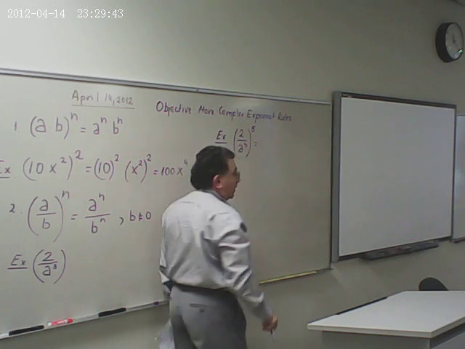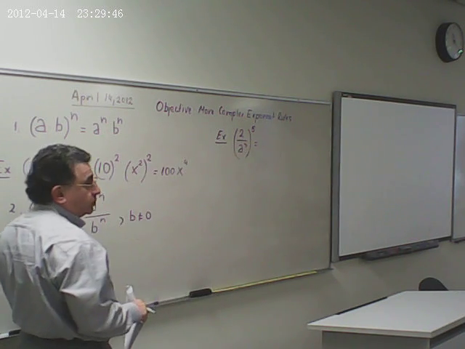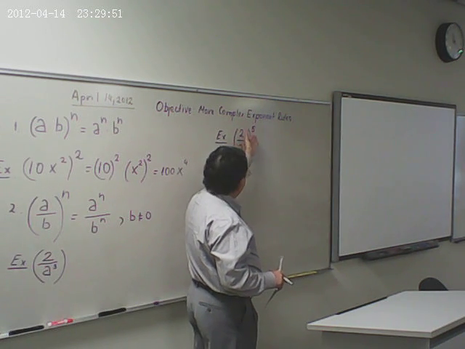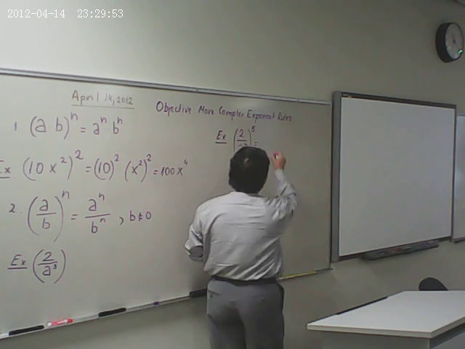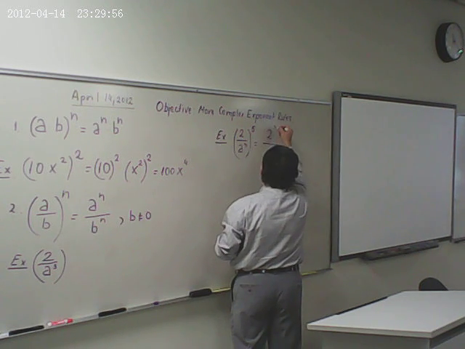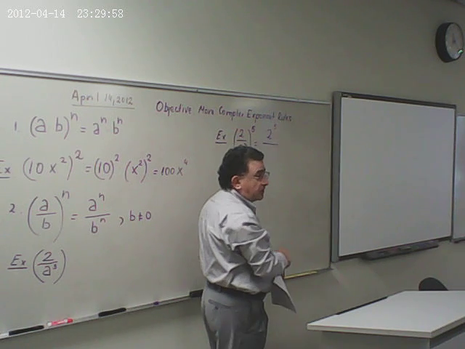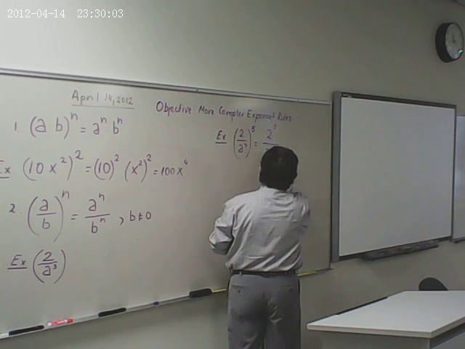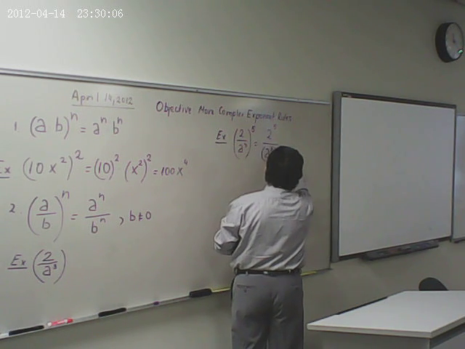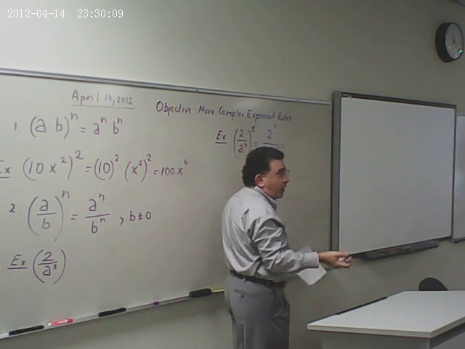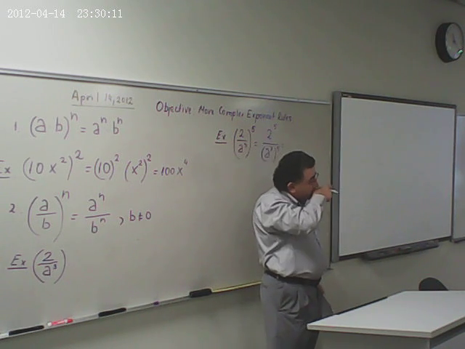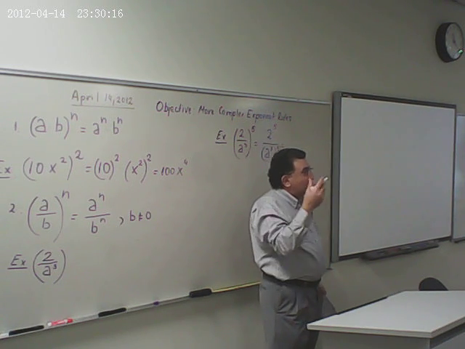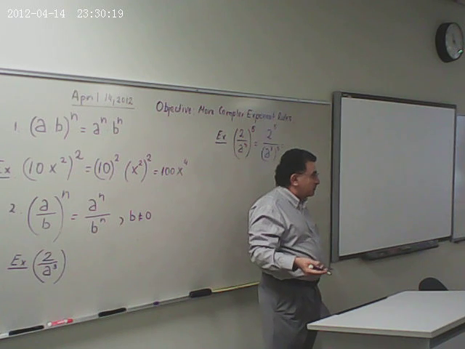So what happens? Well, how can we apply this rule? Look, the numerator raised to the 5th power, that means 2 to the 5th power, and denominator is a cubed to the 5th power. 2 to the 5th power means 2 multiplied by 2, 5 times, right? 2 multiplied by 2, by 2, by 2, 5 times, gives us what?